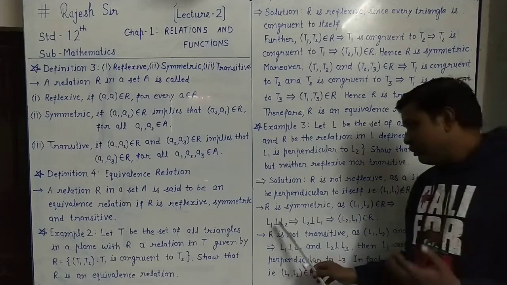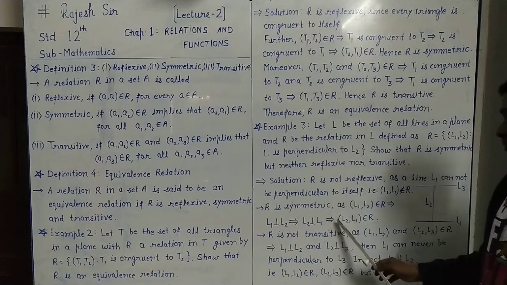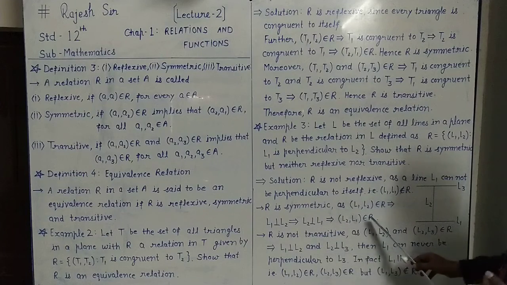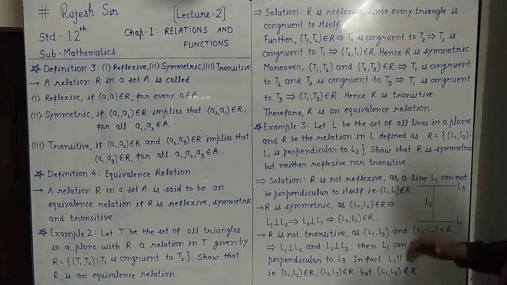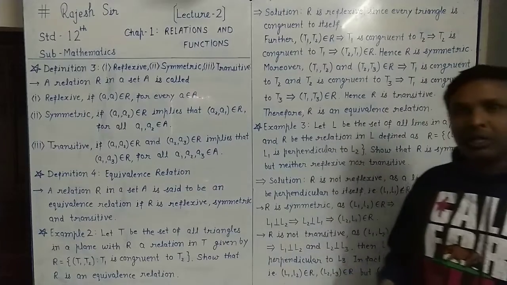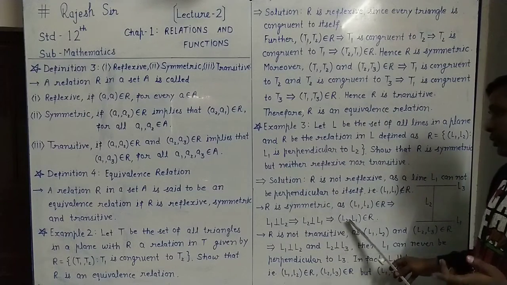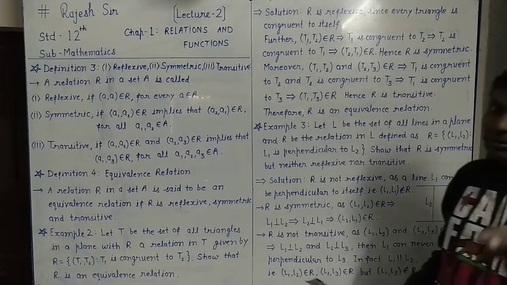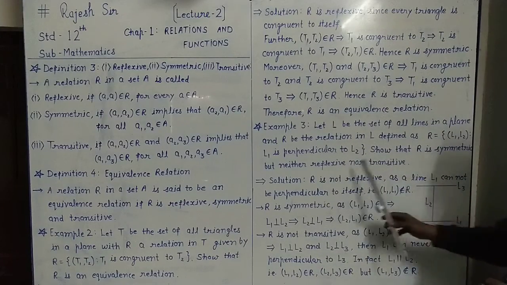If L1 is perpendicular to L2, then L2 is also perpendicular to L1, which can be written as (L2, L1) belongs to R. By this definition, (A1, A2) belongs to R implies (A2, A1) belongs to R. Similarly, (L1, L2) belongs to R implies (L2, L1) belongs to R. So R is symmetric. That we wanted to prove: R is symmetric and R is not reflexive.